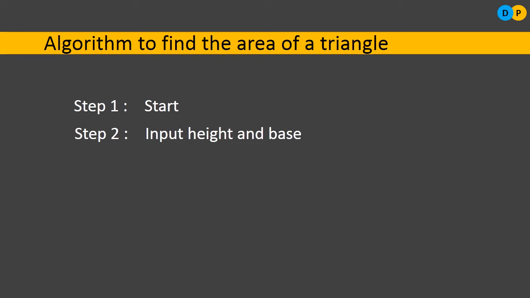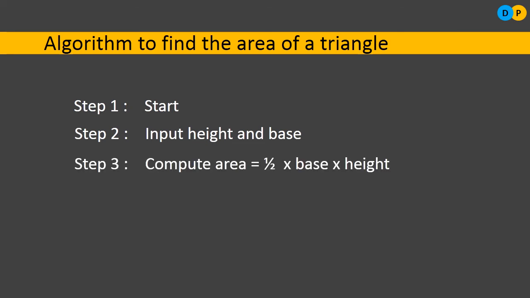Once we know the height and base, the next step, of course, will be to compute the area. So step 3 is compute area. What is area? Area is equivalent to half into base into height. Step 4 will be displaying the area, because we were trying to find the area of a triangle.